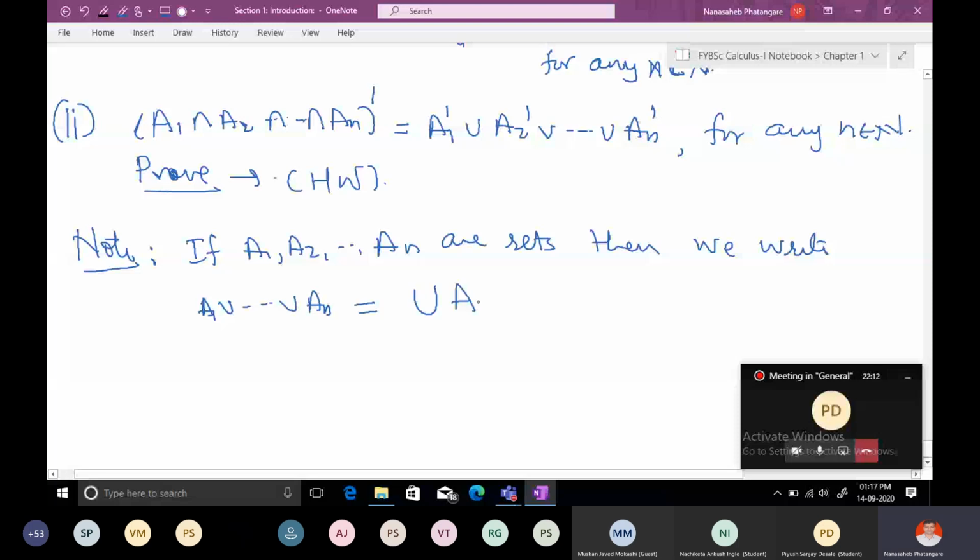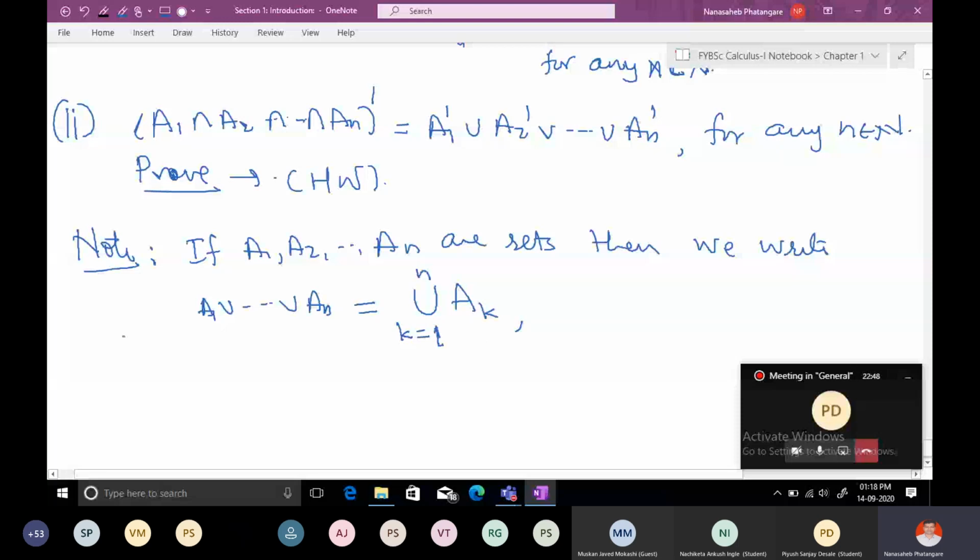So this is a short way to write down the union of n sets. The meaning of this notation is A1 union A2 and so on: k running from 1 to n means first I will choose k is equal to 1, so A1, then k is equal to 2, union with A2, union with A3, up to union with An. That is the meaning of this notation. That you should remember, because we will be using such notations in future.